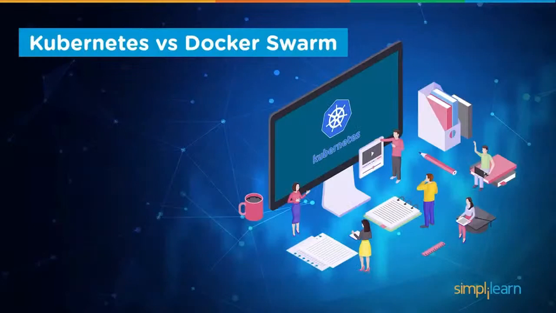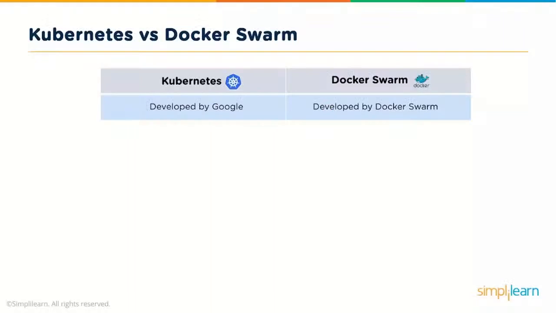So let's look a little bit into the differences between Kubernetes and Docker Swarm. If we just step back a little bit, Kubernetes and Docker often get connected with each other, largely because Kubernetes manages containers and Docker is really famous for creating the most popular container management solution, which is called Docker.